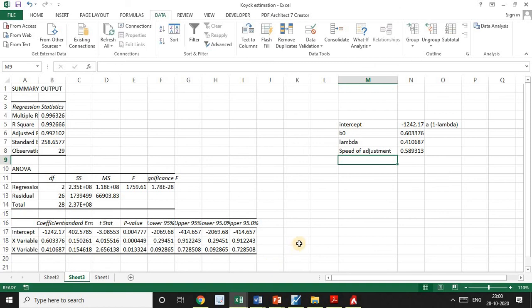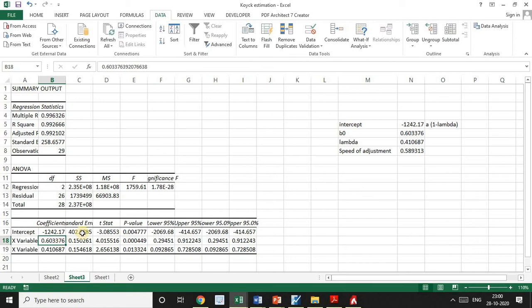This is the speed of adjustment. So short run impact is 0.63. What does it mean? In the short run, or immediately, if something happens to x, y will change by 0.6. That means a 1% change in x will lead to a 0.6% change in y.